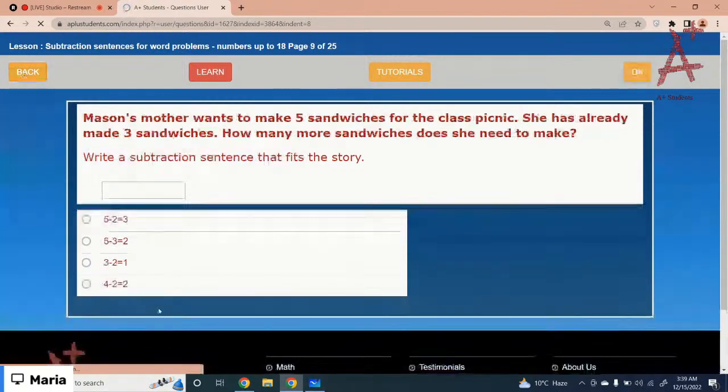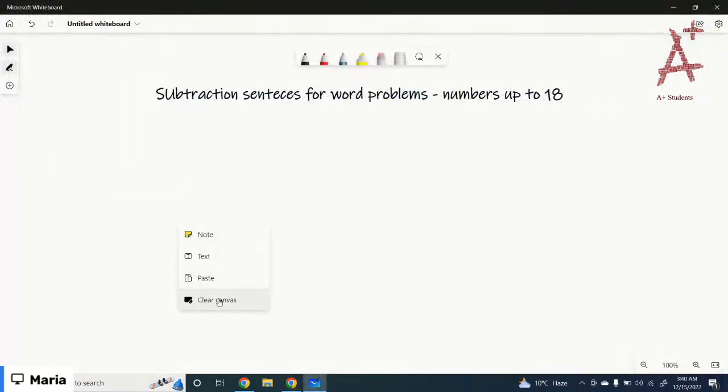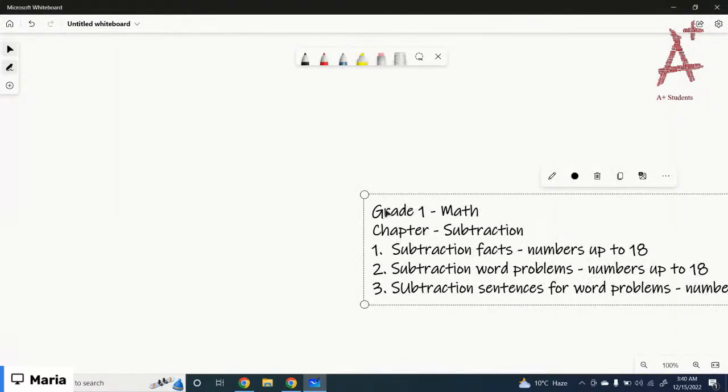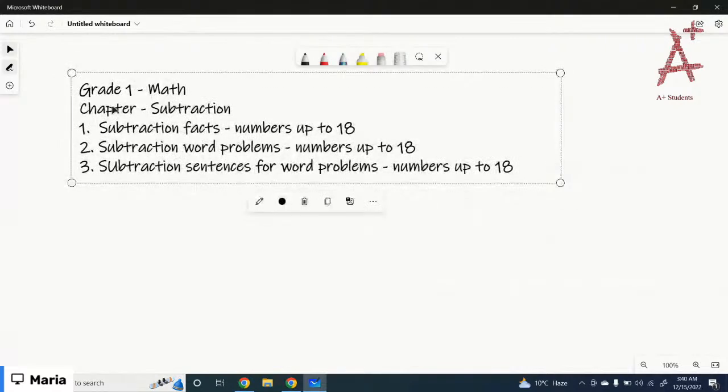Okay, you can complete the test by yourself later today. So here is the list of the lessons we have covered today. We are working on the chapter subtraction. The lessons are subtraction facts numbers up to 18, subtraction word problems numbers up to 18, subtraction sentences for word problems numbers up to 18.